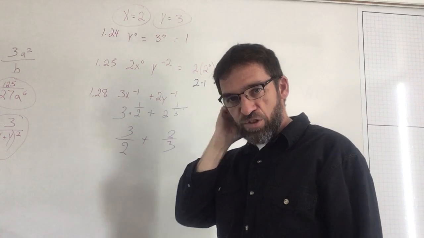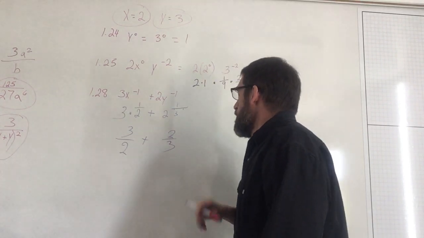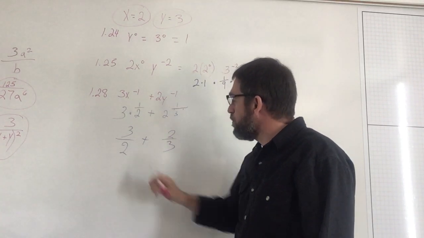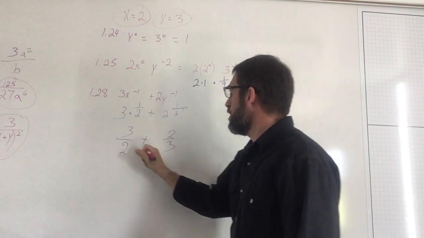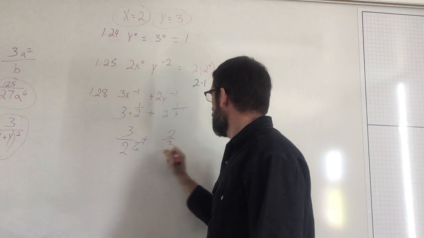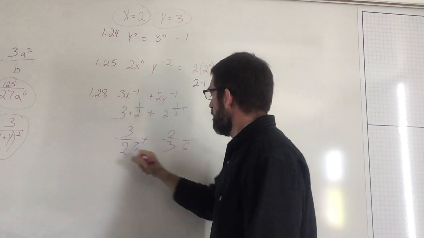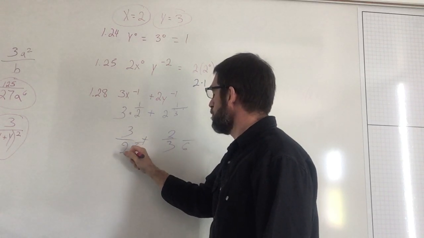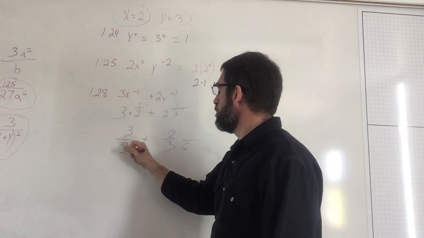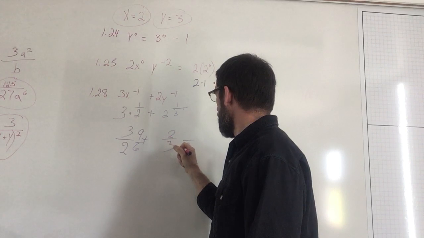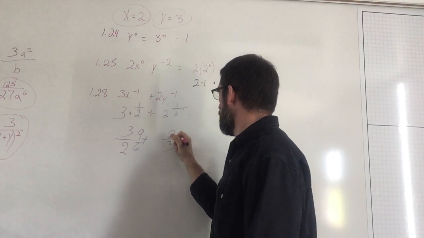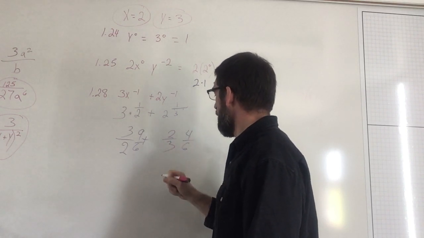Okay, we can add those two together. To add, you need the same denominator, so that's going to be a 6. So I need to make this a 6, and I need to make this a 6. So 3 times 3 is 9/6. And here 2 times 2 is 4/6.